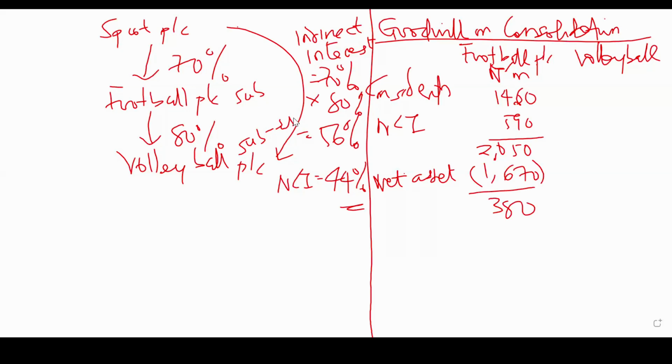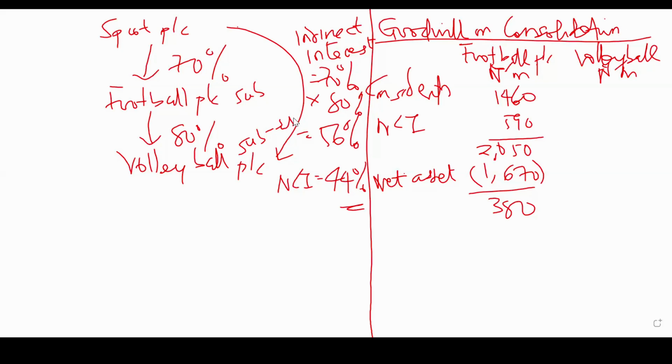All right. Now let's do for volleyball. What I taught you in class is that you must look at it from this angle. What is so important is not the investment that Football PLC has made in volleyball. What matters to us is the implication of that indirect investment that Sport PLC now has made.